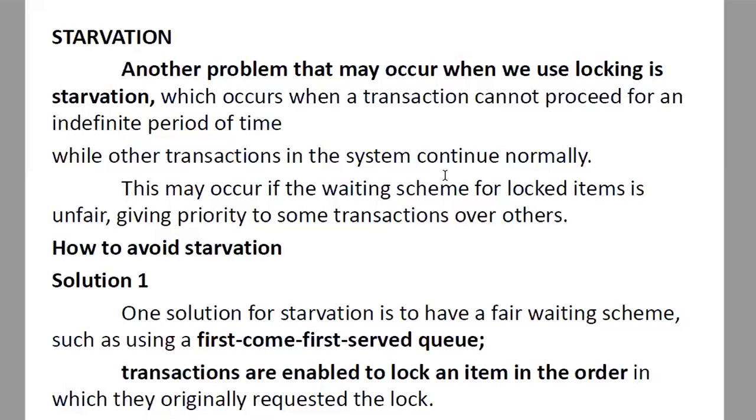It keeps on waiting for a particular locked item, maybe due to some unfair scheme, giving priority to some transactions over the others. In the same example, T1 is not considered at all, whereas T2 and T3 are given higher priority, and the same T2 and T3 keep locking the data item X and using it. T1 is waiting for a very long time. This type of situation we call starvation.